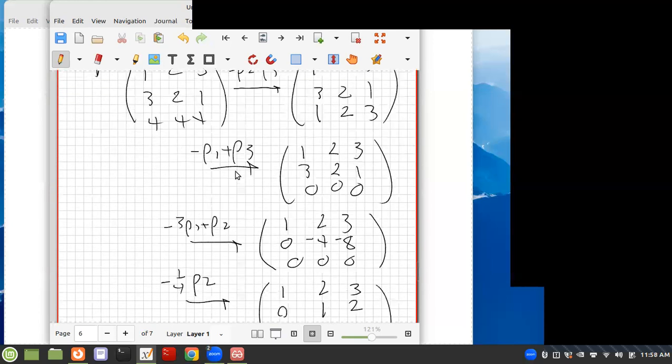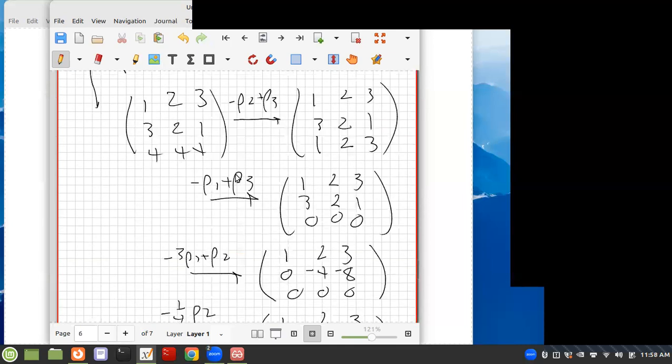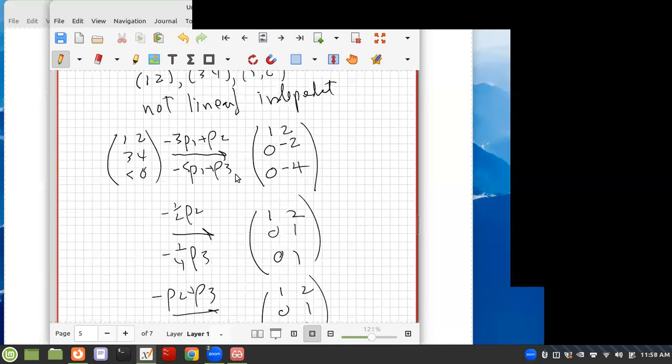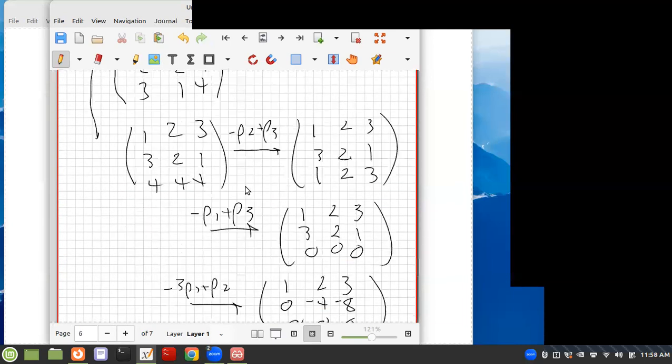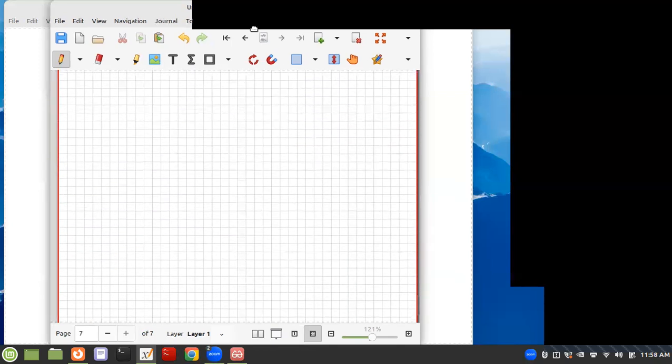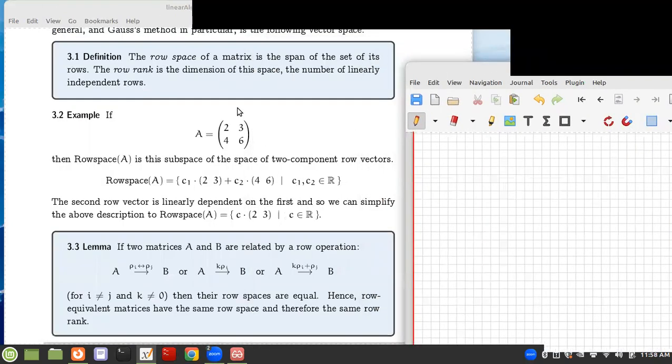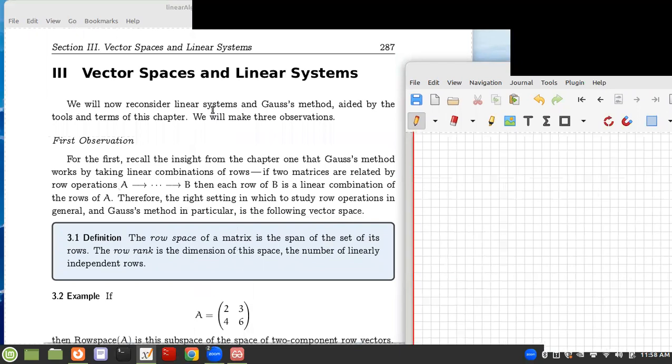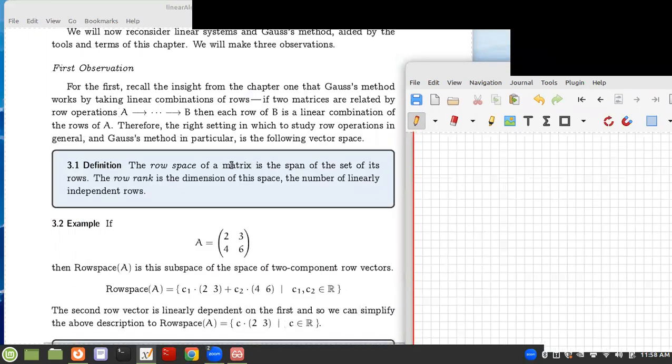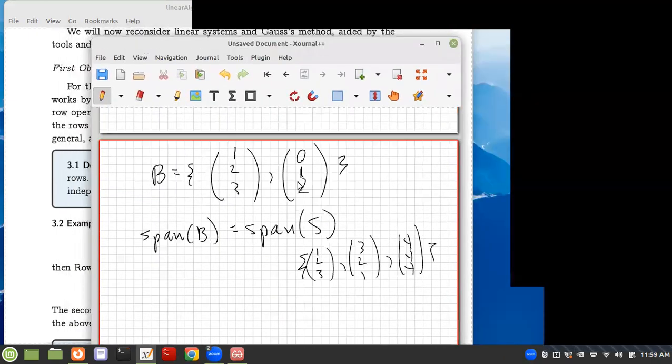I know this has been a lot of maneuvering to get this connection here, but let's go back and look. This is the motivation in this section on vectors and linear systems, to say this is the definition. The row space of a matrix is the span of the set of its rows. The row rank is the dimension of this space, the number of linearly independent rows.